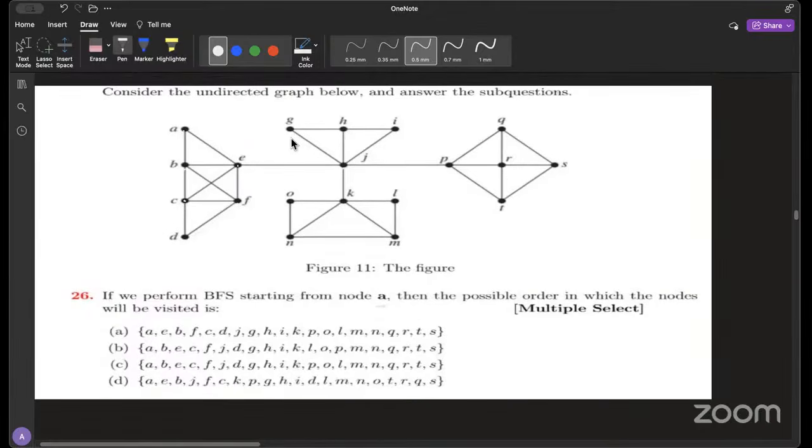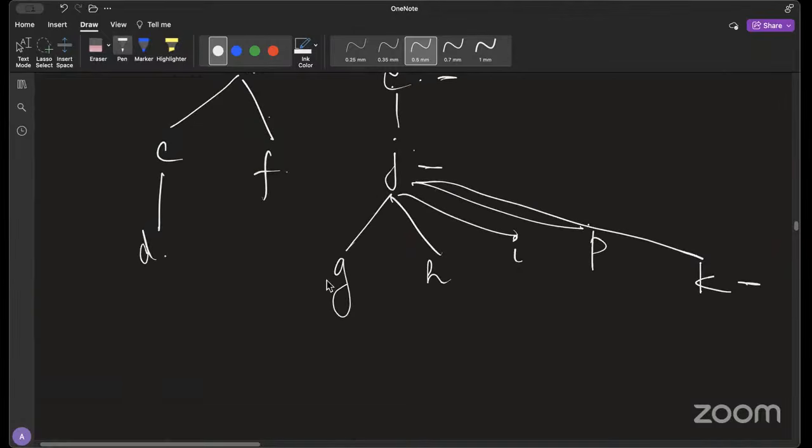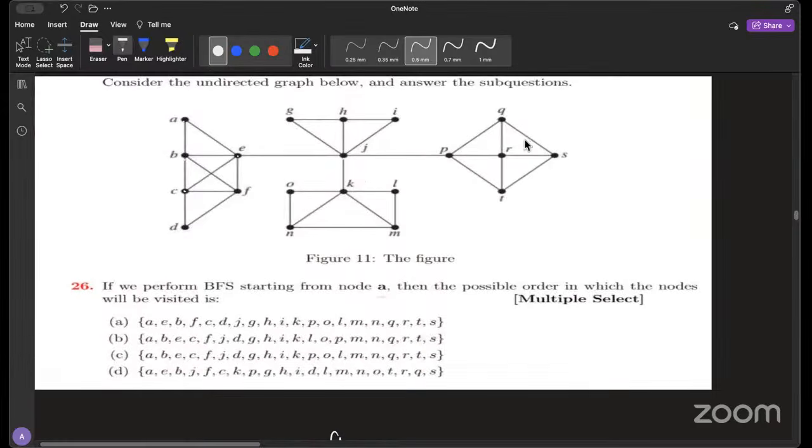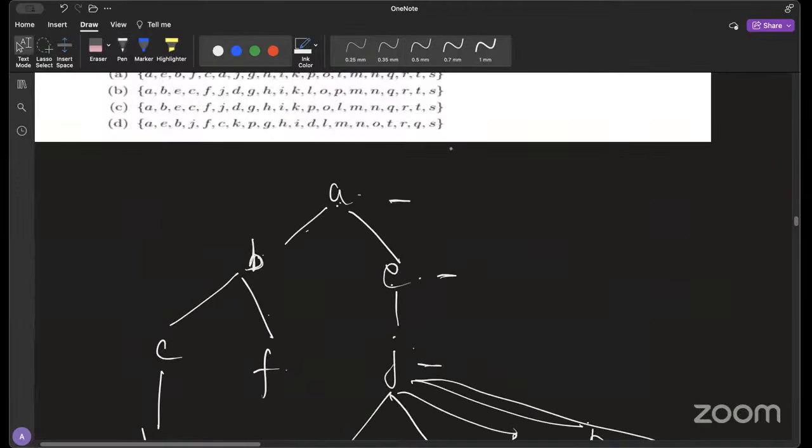Then starting with G, G has nothing, H has nothing, I has nothing. So these three just end here. Then P has a lot to explore from here, and K has a lot too. We have mentioned P first.